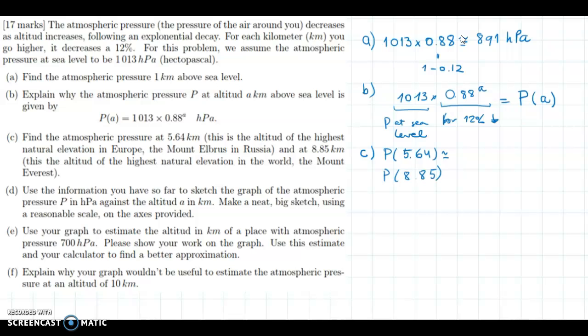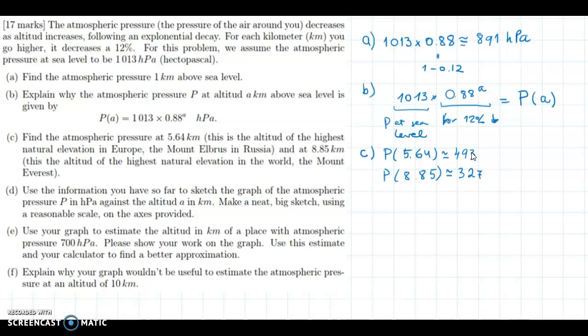Those are some natural elevations, the highest in Europe and the highest in the world. So we do this in the calculator, and we get that according to our model, approximated to three significant figures, the pressure for A equals 5.64 is 493, and the pressure for 8.85 is 327.